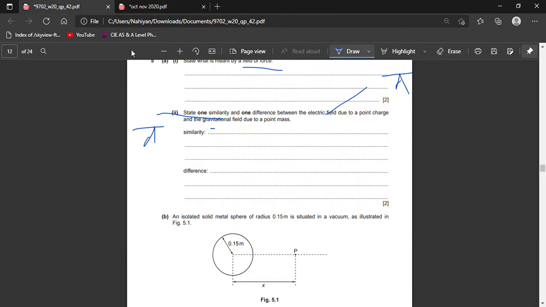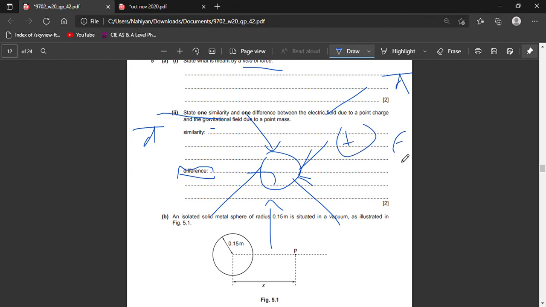So moving on to the differences. As you can already say, the gravitational field always acts towards the center of the mass. This is the prime difference. But the electric field can, if it's plus or minus, act either towards or away.